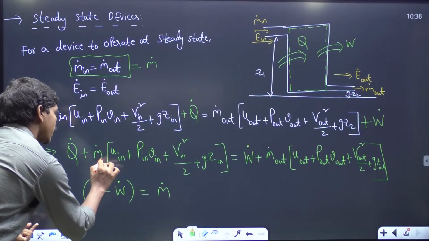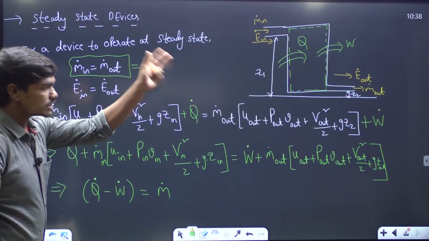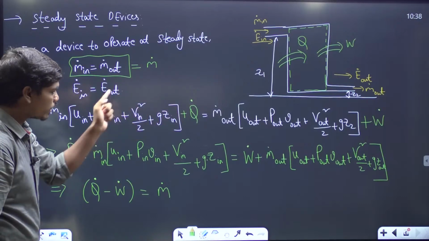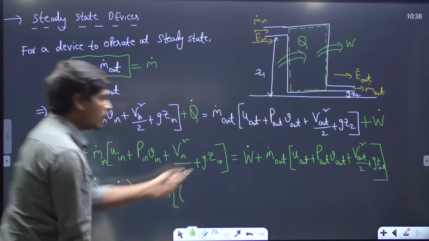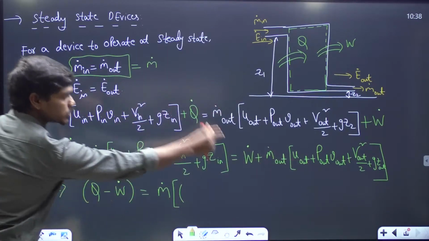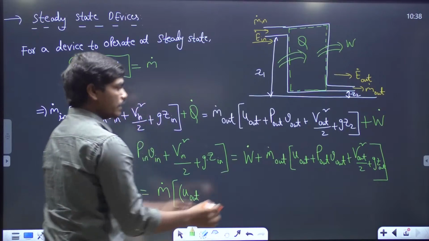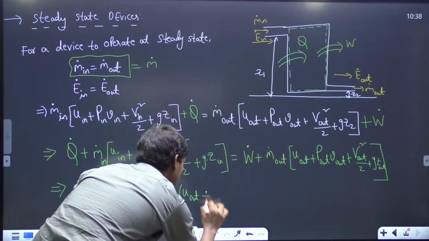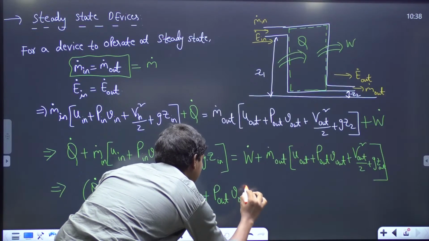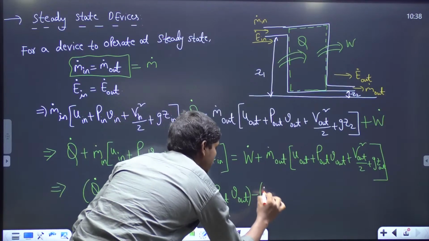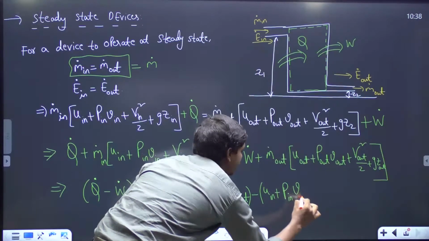Since m dot in and m dot out are the same for a steady flow device, I am replacing these two quantities with m dot. So we have U out plus P out V out minus U in plus P in V in.